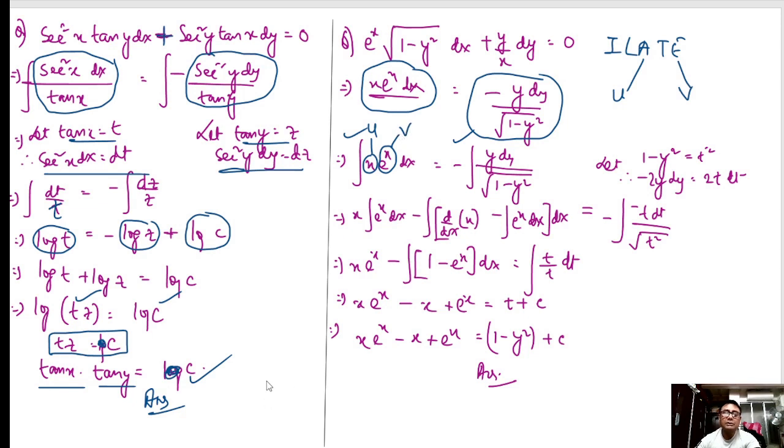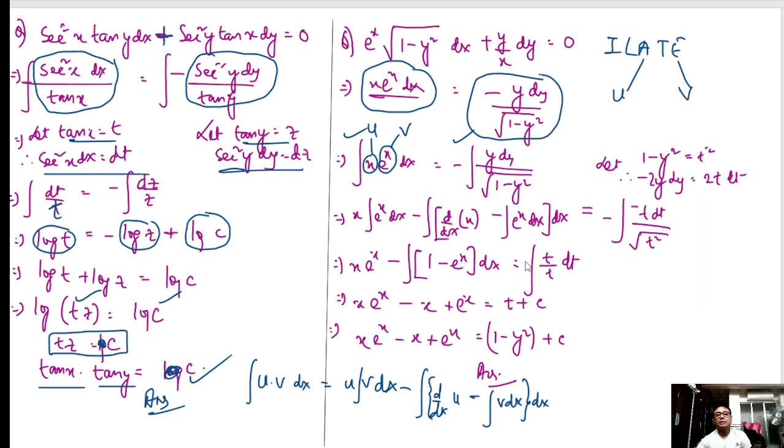On integration of this, I already gave you: integration of u into v dx will be u times integration of v dx minus integration of the differentiation of u times integration of v dx, into dx.